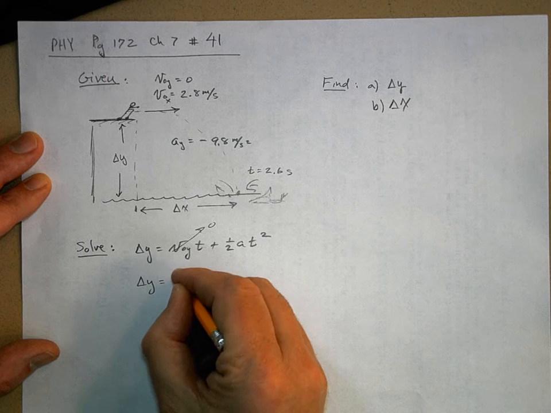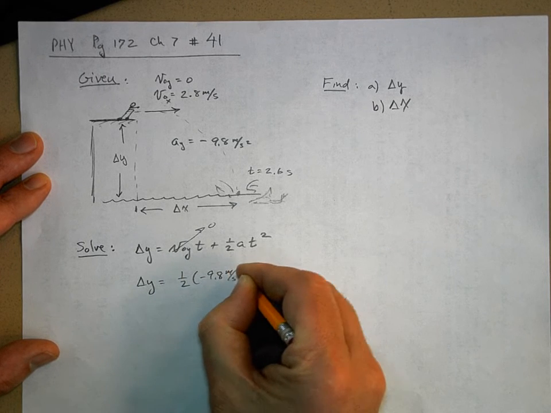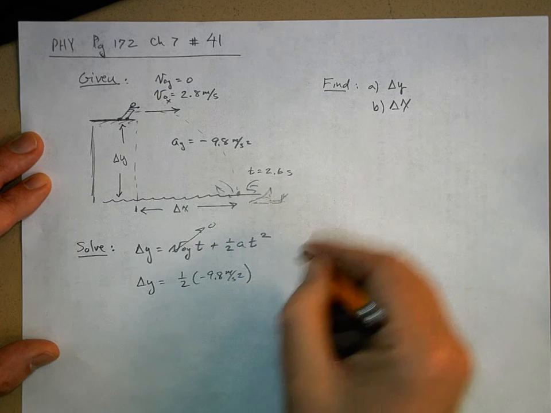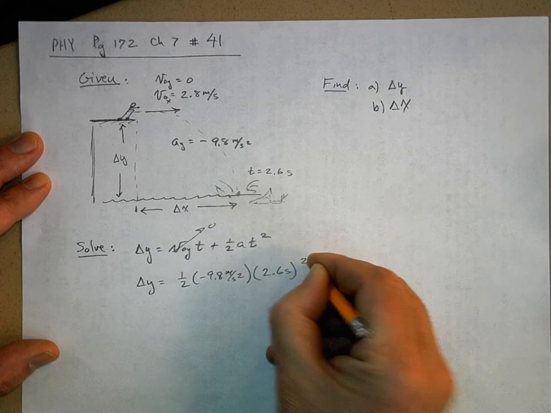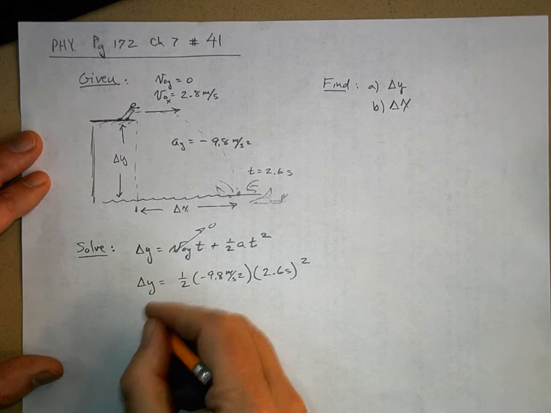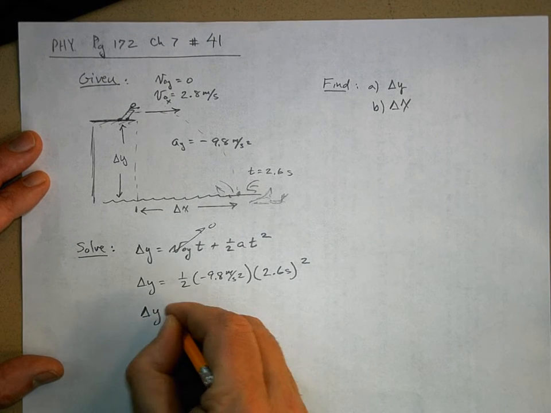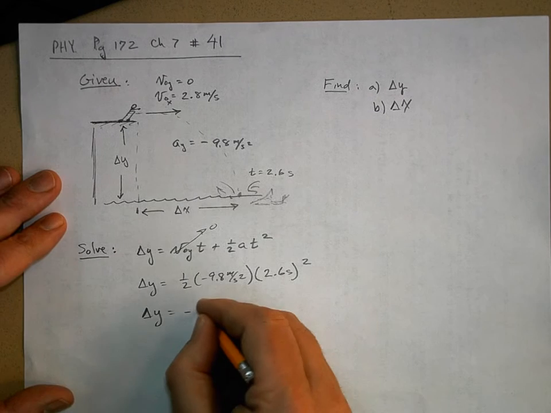And then it's 1/2 times negative 9.8 meters per second squared times t squared. And so delta y is equal to a negative value, and you get negative 33 meters.